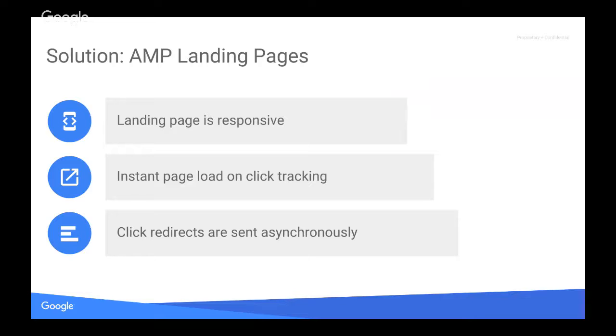It basically brings AMP experience and performance to advertisers' landing pages. So it has all the same awesome benefits. Your landing page will be responsive. Your page load will be instant, and all the click trackings and redirects are sent asynchronously, so your users can instantly engage with your landing page.